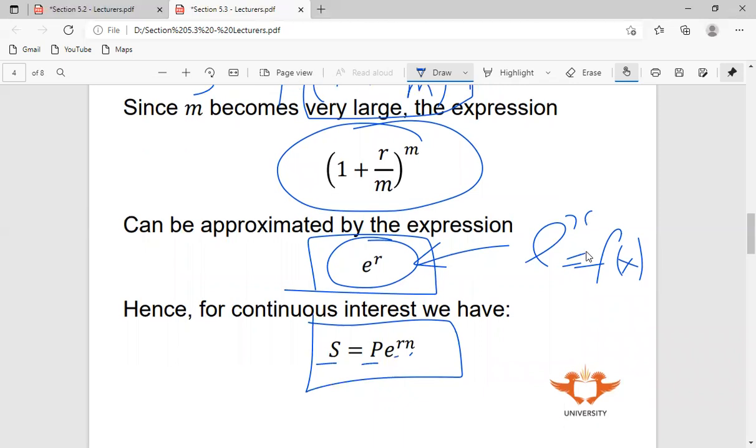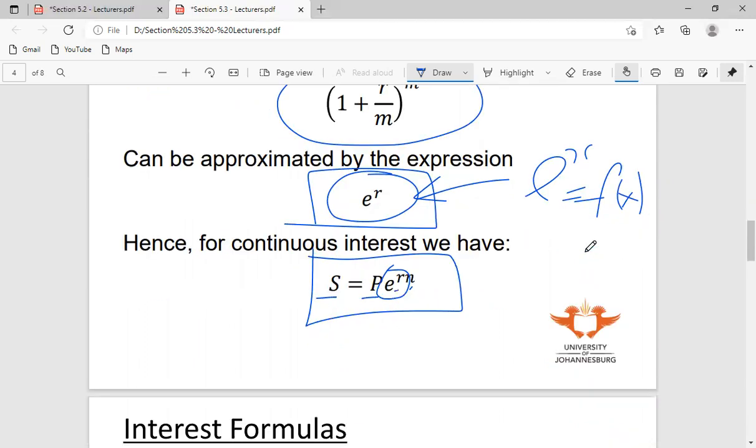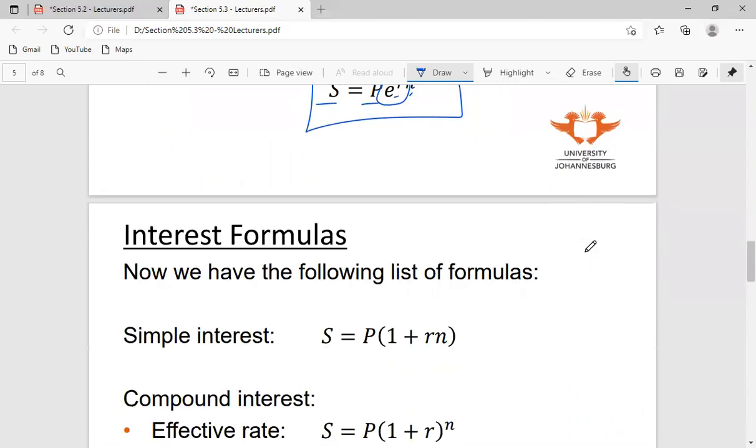You realize that in this case we don't have m, because m has been replaced with the exponential expression, which approximates it. So that is the formula for interest compounded continuously.